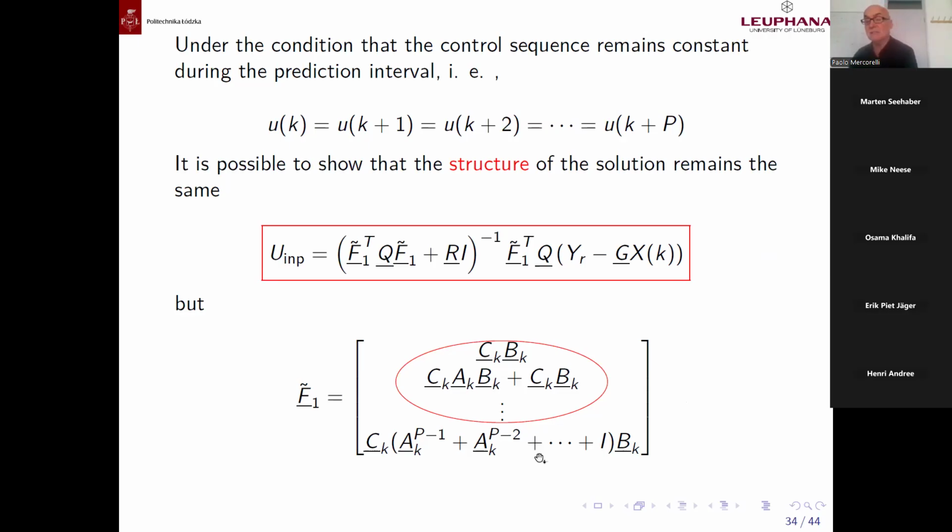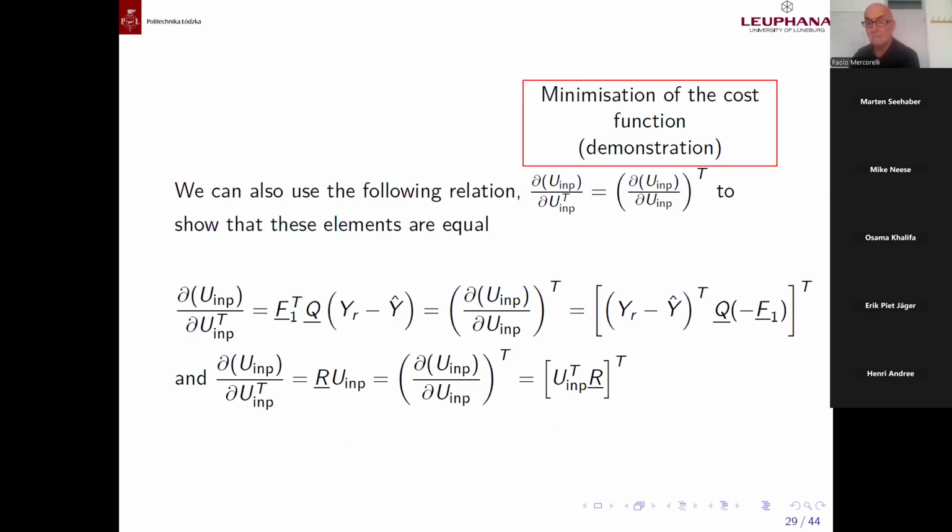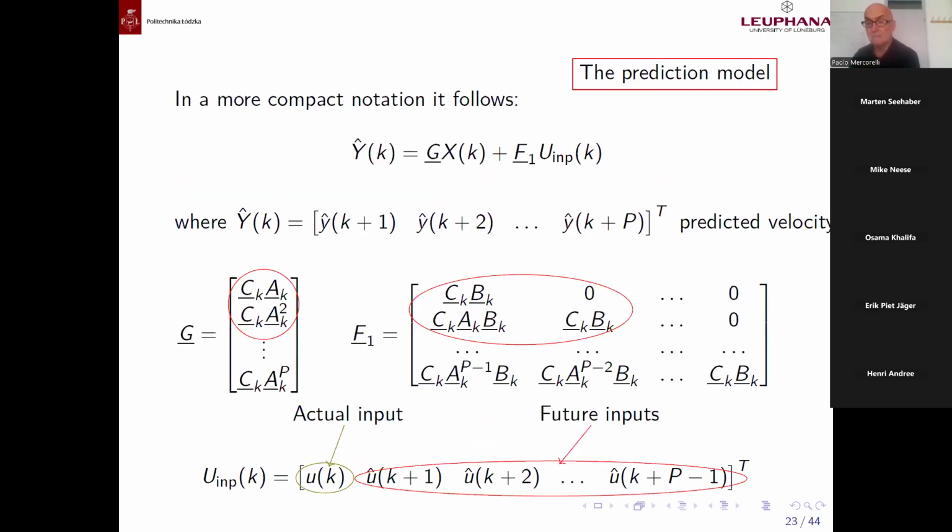Instead of this one, we will collapse into CBK in the first row, second row CABK plus CBK, and then I go ahead until the end in which I will sum the contribution, because we have just one UK here, UK on the second step, UK on the third step, and so on.